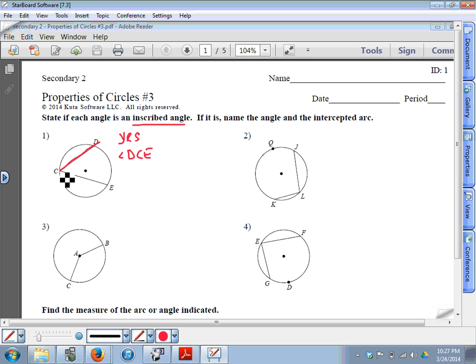So if you extended the sides of the angle, then the arc is from here to D to E, so it's arc DE. So I'm going to ask you to pause it here, and it shouldn't take you more than a few minutes to answer questions 2, 3, and 4. If it's an inscribed angle, the answer is yes, and then name the angle and the arc. If it's not an inscribed angle, you don't have to worry about it.